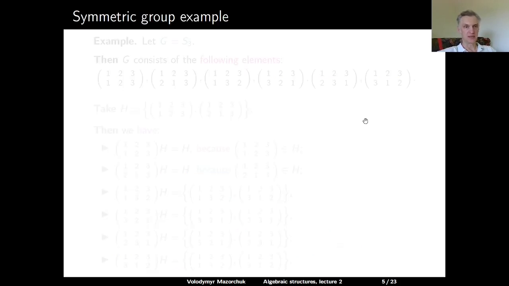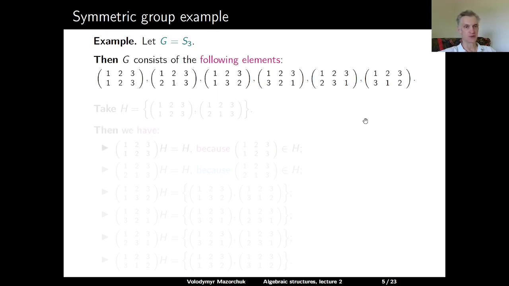So here is a more detailed example. Consider the symmetric group S3. This is a group of all bijections from {1, 2, 3} to {1, 2, 3}, and it has 6 elements.